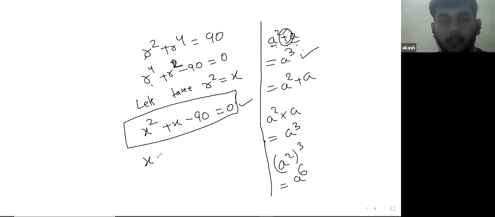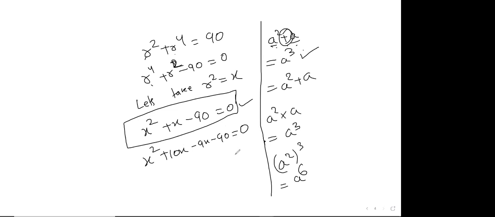This will be x square plus 10x minus 9x minus 90, right? 9 into 10 is 90 and 10 minus 9 is 1. Be clear? Yes, sir.